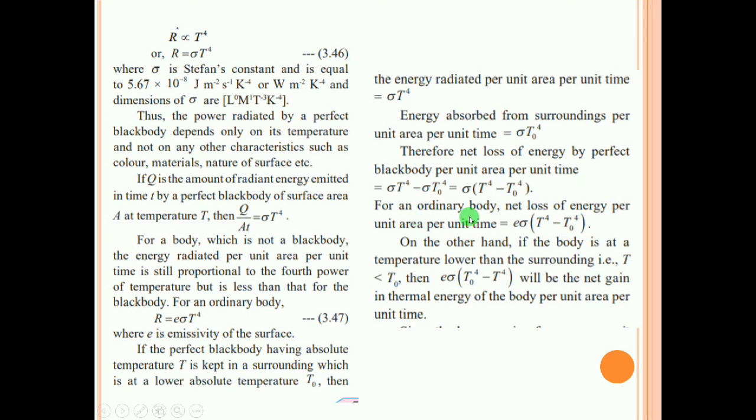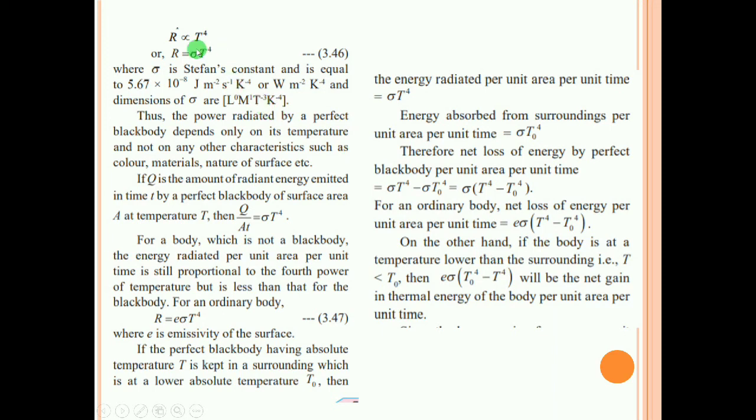Same here, if you are defining for an ordinary body with the surrounding temperature as T0, this equation transforms to R is equal to sigma E into T raised to 4 minus T0 raised to 4. So the surrounding temperature you will consider as we consider an ordinary body. This E we will introduce here.